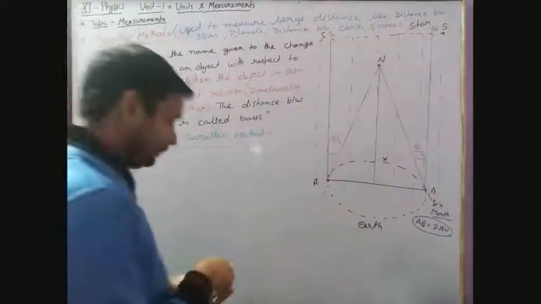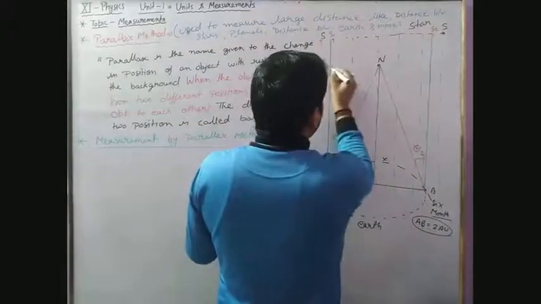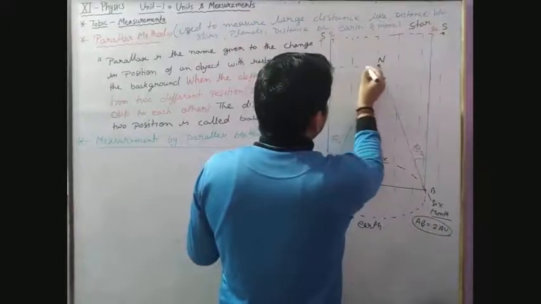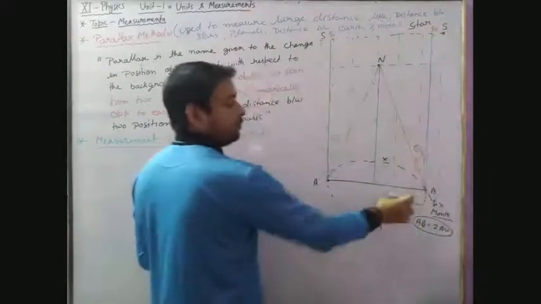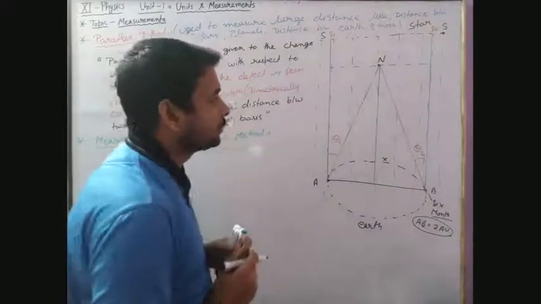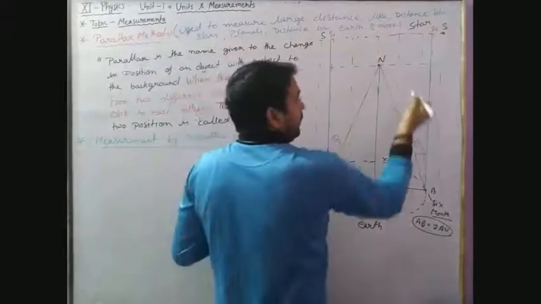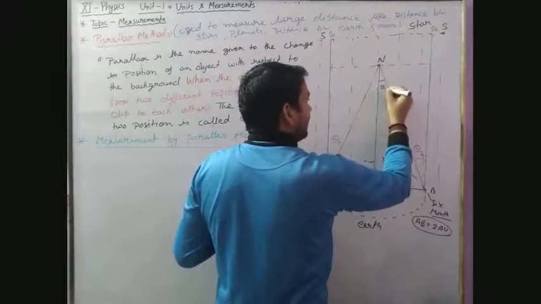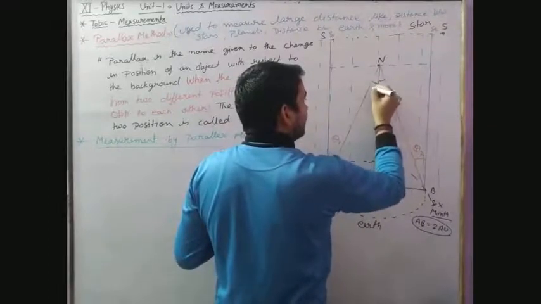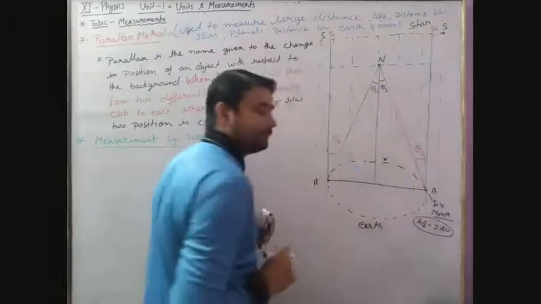Now if we draw a parallel line to the base of the earth, or the equator of the earth, we can easily see this angle is equal to theta 2 and this angle is equal to theta 1. Clear?